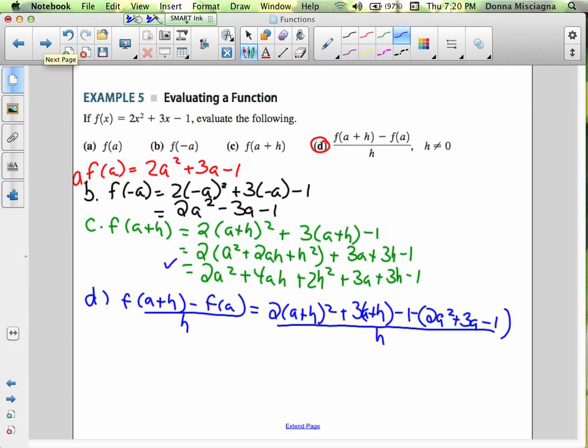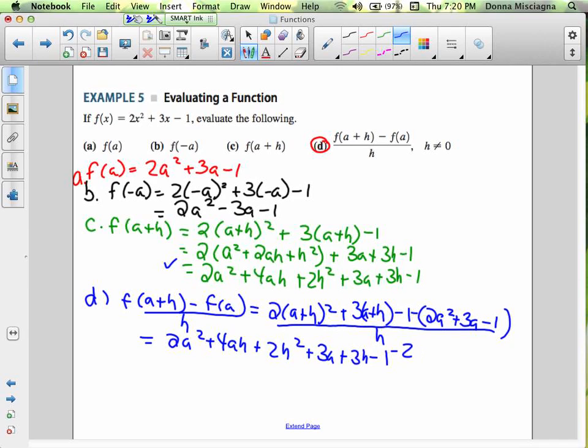All right, so we'll take care of the 2 times (a plus h) squared plus 3 times (a plus h). That's going to be 2a squared plus 4ah plus 2h squared plus 3a plus 3h minus 1. And then we're going to distribute the negative there.